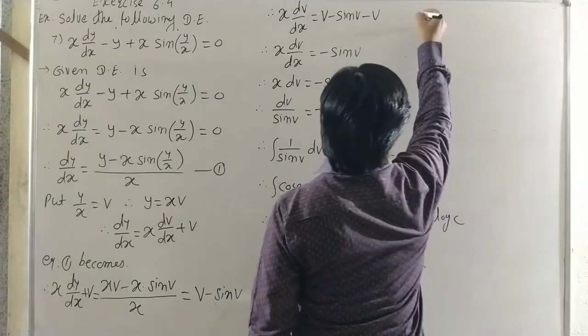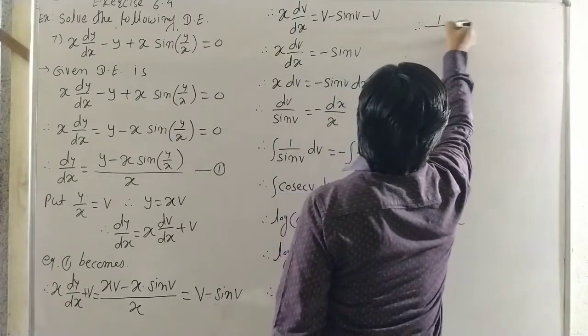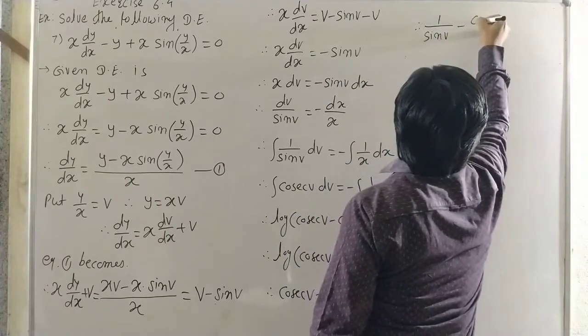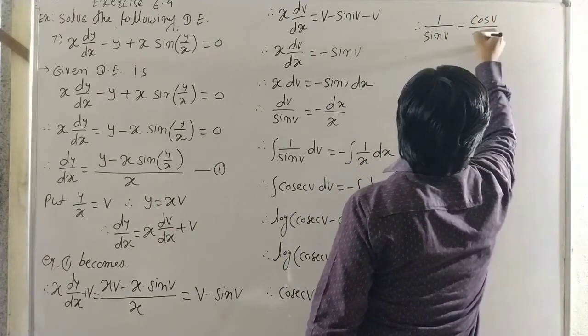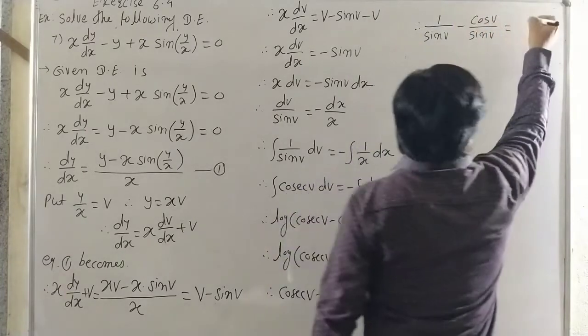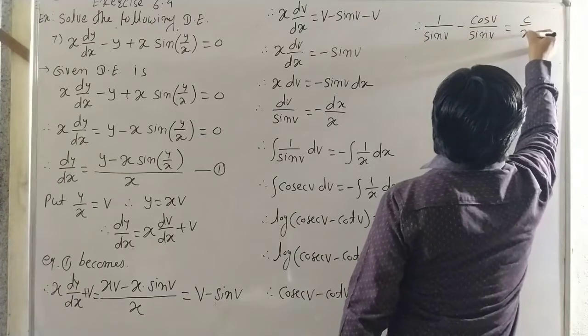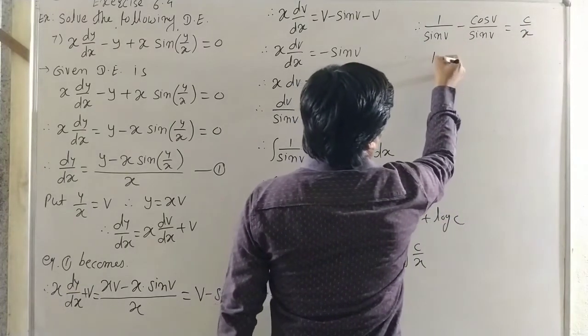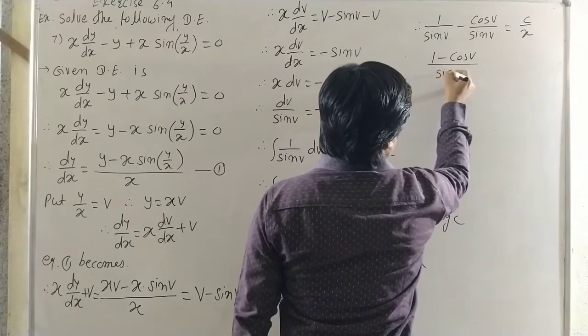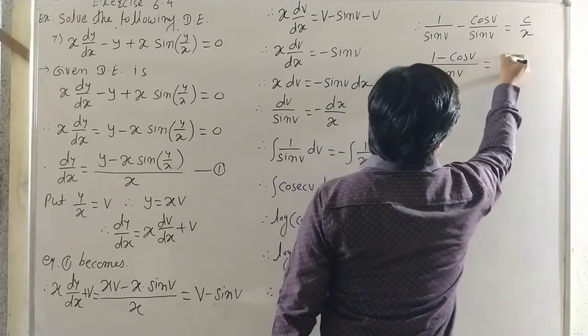Therefore 1 by sin v minus cos v upon sin v is equal to c by x. Then it is 1 minus cos v upon sin v is equal to c by x.